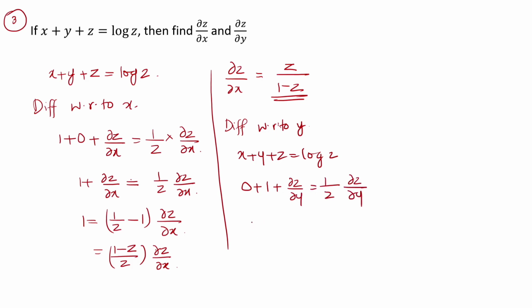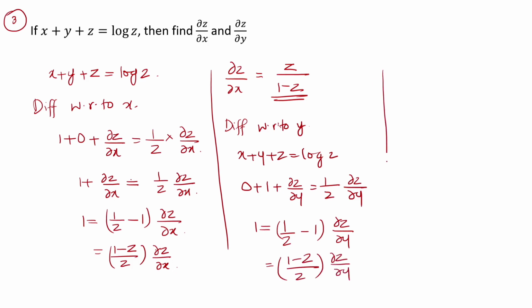Okay, now we will write it like this: 1 is equal to (1/z − 1) into ∂z/∂y. It is again (1 − z)/z into ∂z/∂y. Now we can have it like this: ∂z/∂y is equal to z/(1 − z). Okay, these are the derivatives ∂z/∂x and ∂z/∂y for this function.